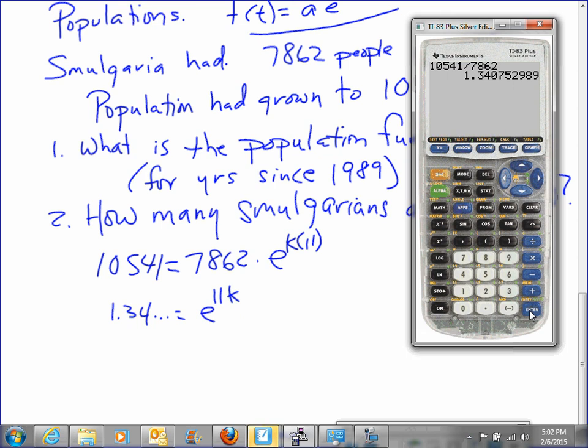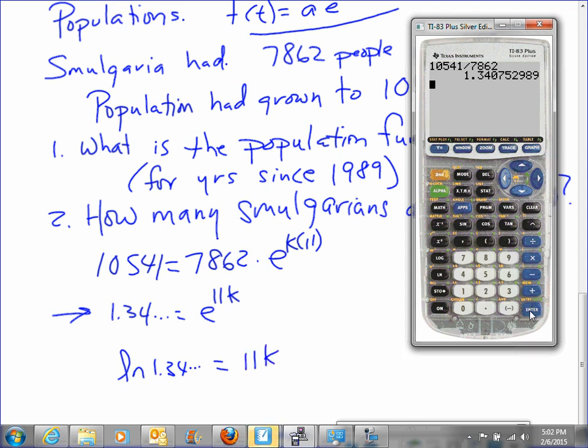Now, I'm going to actually use all of this number. I just wrote a little bit of it down on the board here, but I'm going to chain my calculations. What I'm going to do is change this exponential equation to its logarithmic form. So the log base e, that's natural log, of 1.34, etc., is equal to the exponent, which is 11k.